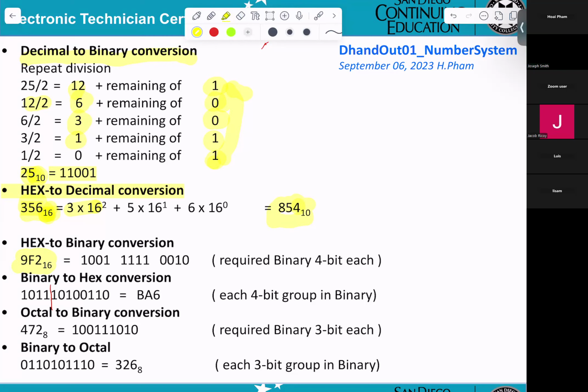So 9, they have to be 4-bit. 1001. Okay, F, okay, 2.